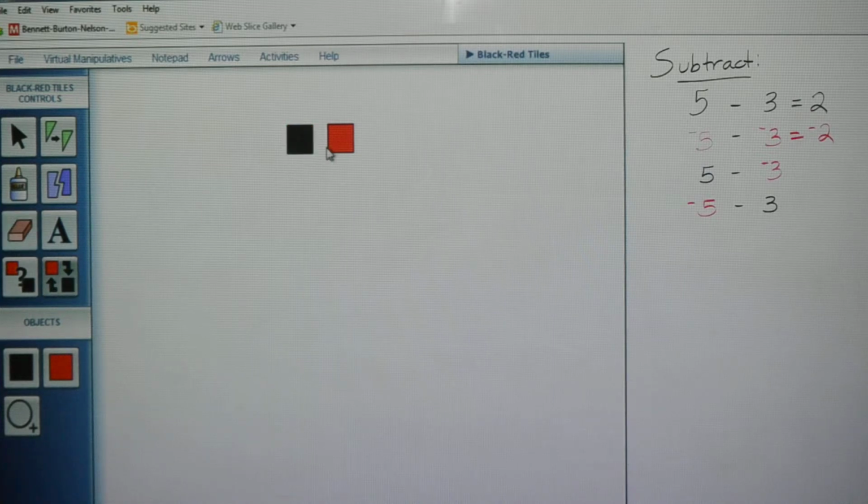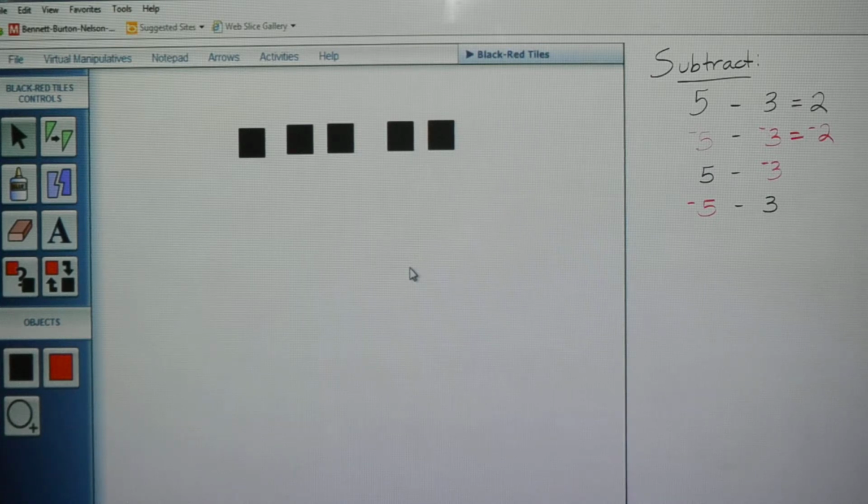Let's do the first one, which is 5 positive, take away 3 negatives. So there's 5 positives. How am I going to take away 3 red tiles, or 3 negatives? I don't have any red tiles, therefore I can't take away any red tiles.